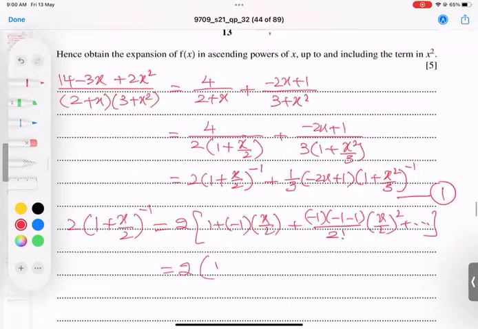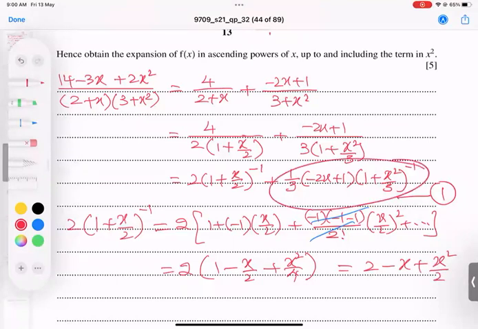I got 1 minus x over 2. This will be fully cancelled if you type in calculator. I get x squared over 4. Ultimately, 2 minus x plus x squared by 2, I get from here. One part is done, so let's go for the second part.